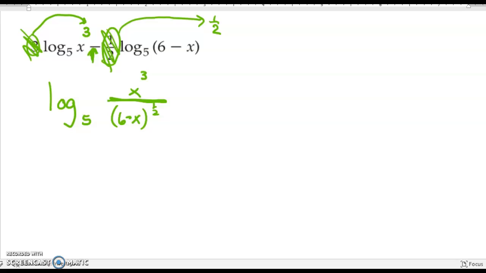So we could rationalize that, but I think that's probably okay. Well, just in case, let's go ahead and rationalize. Let's multiply by 6 minus x to the 1/2 over 6 minus x to the 1/2 power, because that is a square root.